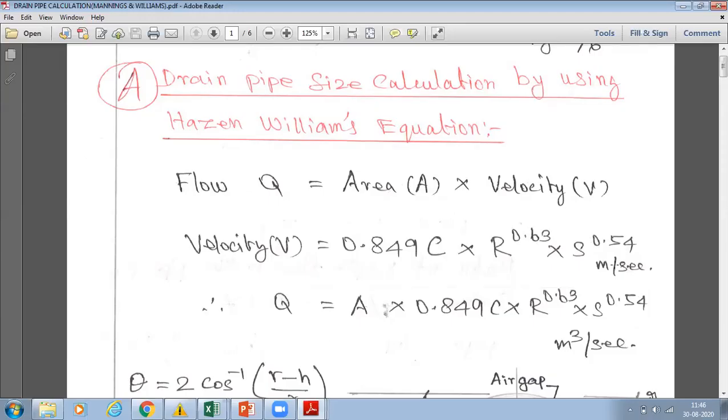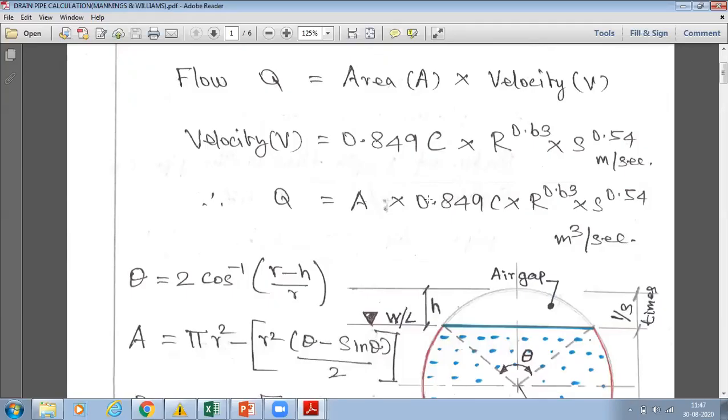If you multiply this velocity by the area, you will get the flow rate. Therefore, Q equal to area into 0.849 C into R power 0.63 into S power 0.54 meter cube per second. You have to keep this in mind.